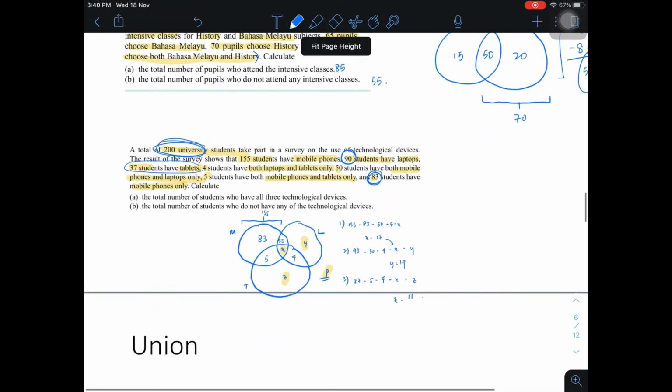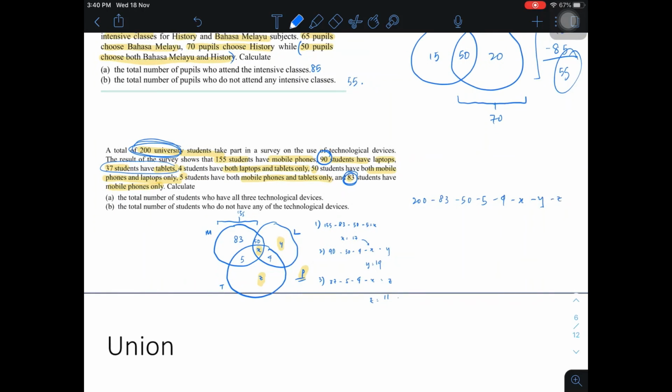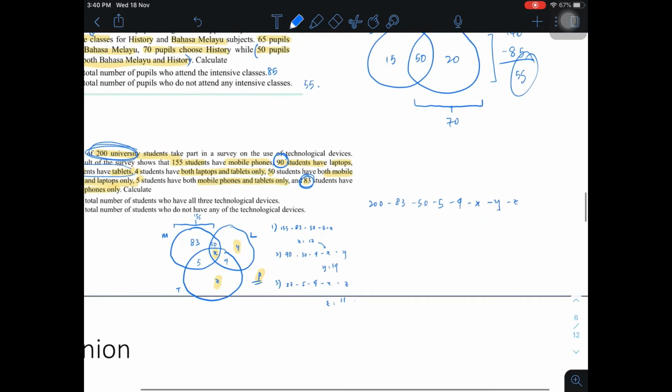So to get P, we get 200 minus 83 minus 50 minus 5 minus 4, x, y, and z. So we'll get P. And in the end, we get 11 for P.